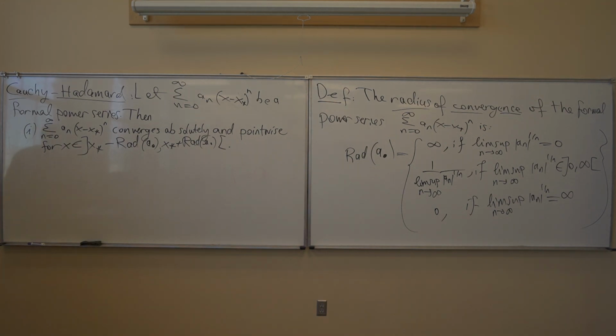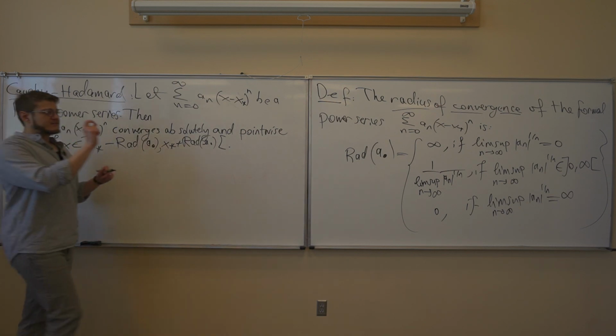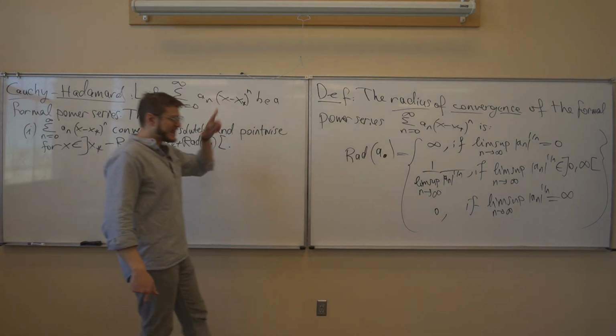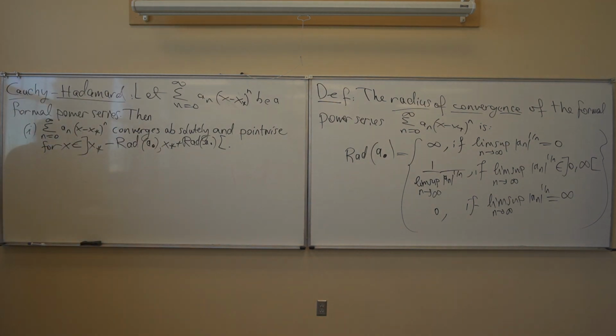But it is pointwise, okay? If you give away some epsilon from the radius, then you get to have uniform convergence as well.